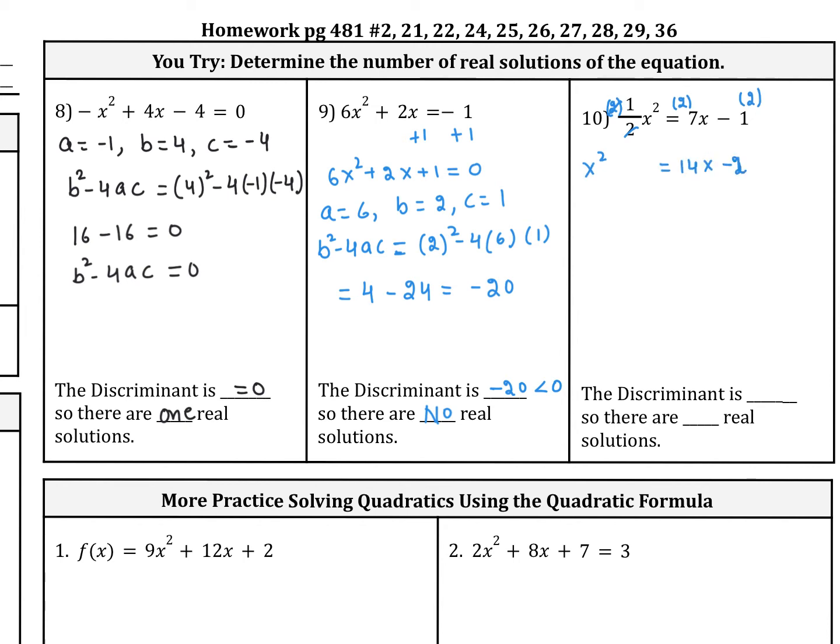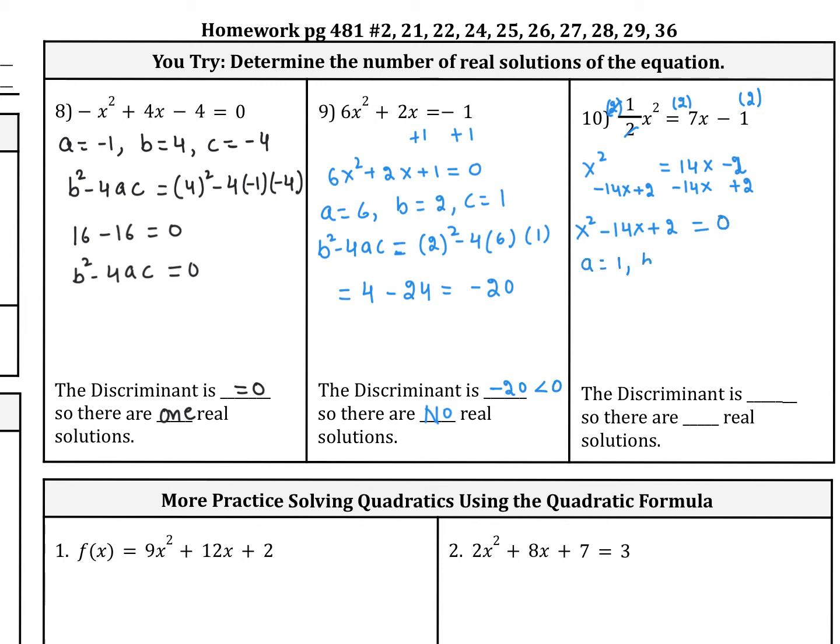I'm going to make it into one equation, so I'm going to subtract 14x on both sides, and I'm going to add 2, so that you have the standard form x squared minus 14x plus 2, and the other side becomes 0 because this and this cancel.